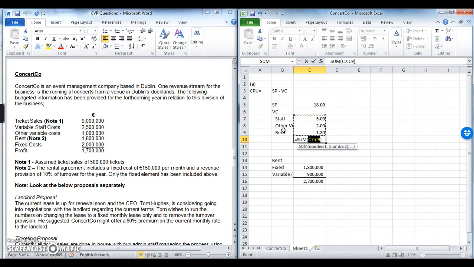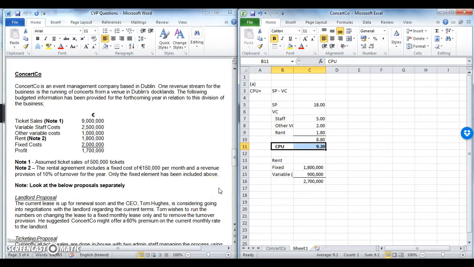That gets you total variable costs of 8.8 euro, and off that you can calculate your contribution per unit, which is 18 minus 8.8. So your contribution per unit, which is the requirement in the question, is 9.20, so €9.20 for every ticket sold.